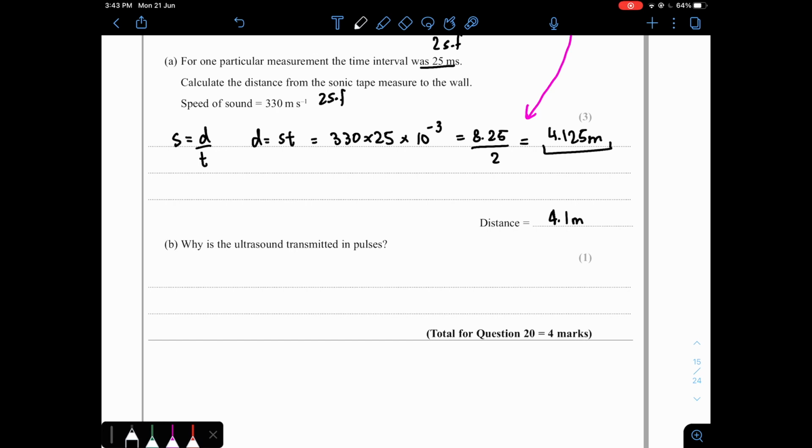So why is ultrasound usually transmitted in pulses? There must be a reason, right? The easiest reason we can think of is that there's no interference between the incoming pulse and the other pulse. So we can say there is no interference between the incoming pulse and the pulse being sent.